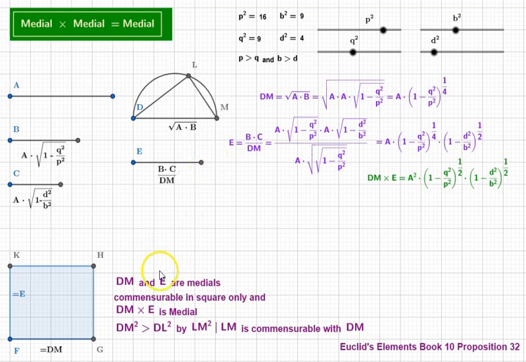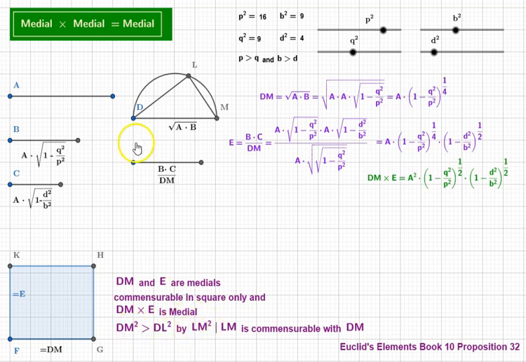So here DM and DL are commensurable in square only because DL is equal to E. So we have LM.